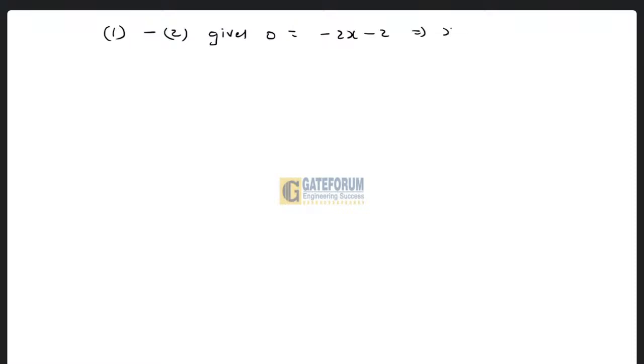From this, x is equal to minus 1. So from 1, y is equal to 2 into minus 1 plus 3. You will be getting 1. So x value minus 1, y value 1.